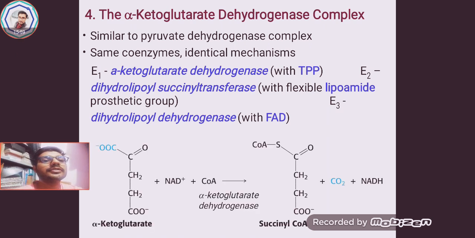In the reaction, you can see alpha ketoglutarate plus NAD+ plus coenzyme A, in the presence of alpha ketoglutarate dehydrogenase, gets converted into succinyl coenzyme A, and one carbon dioxide molecule is obtained. Also, NAD+ gets reduced to NADH.